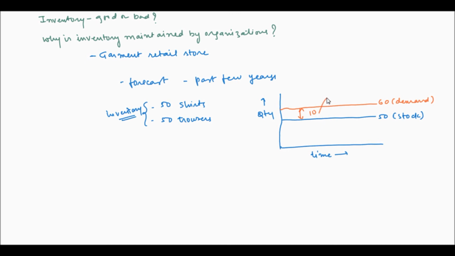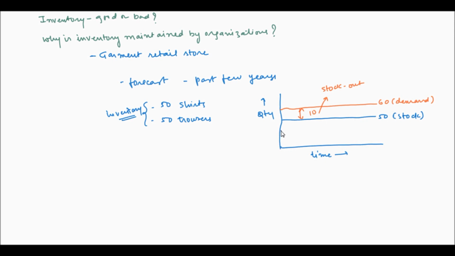So this is known as a stock out situation. And in addition to losing money for this 10, what has happened is that the customers who were not able to buy at your store may start going to other retail stores, and you may lose them forever.